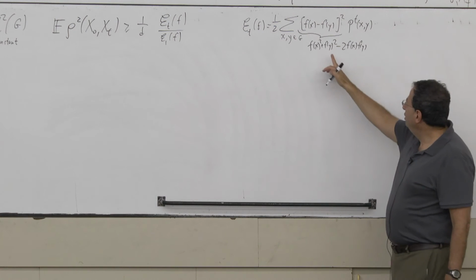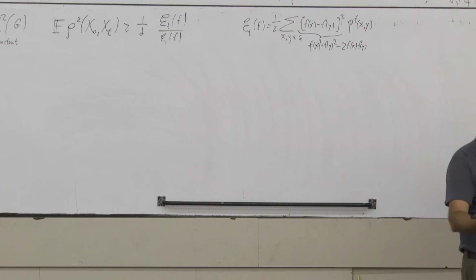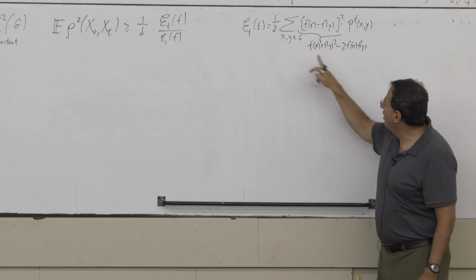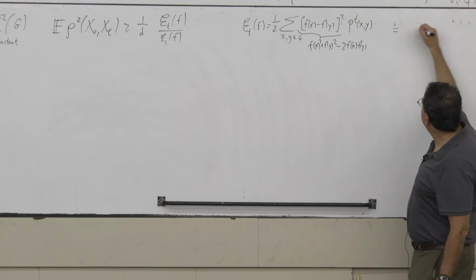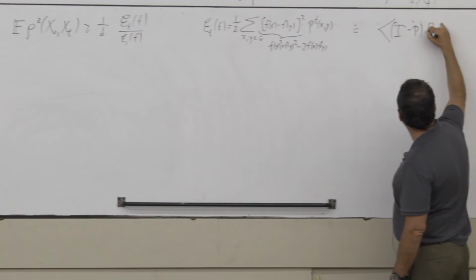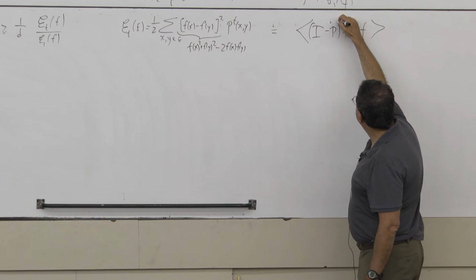The same story happens with f y squared, because p is a symmetric matrix here. And the interesting term is the cross term: the 2 cancels with the half, and you have the sum of f x f y times pt of x, y. So overall, it can be written as an inner product, I minus p to the t, applied to f, times f.